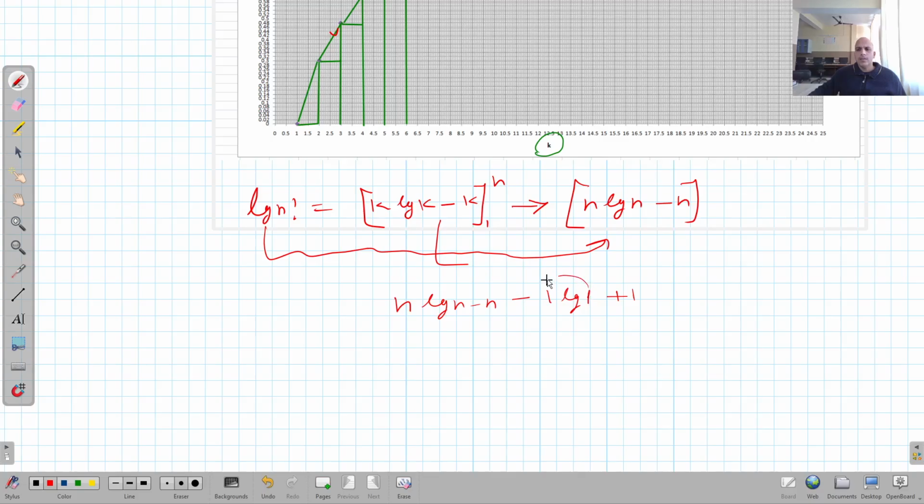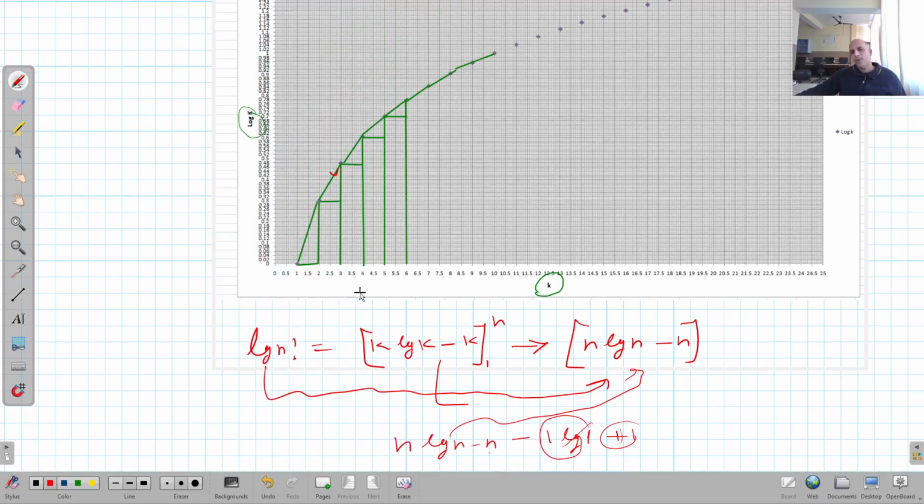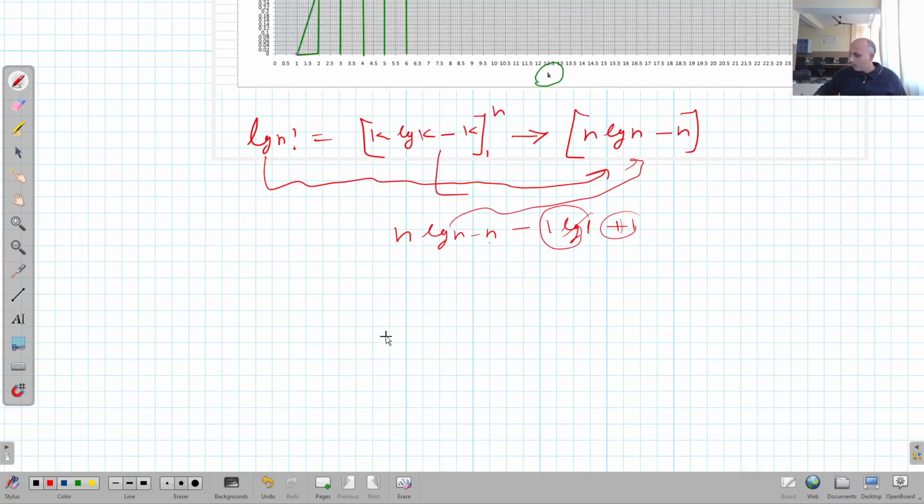Log 1 is 0, so you will get plus 1. But we can drop this one, as n is a very large number. So you will ultimately get this, and there is no need to worry about these limits. So we get this formula, and this formula is known as the Stirling formula.